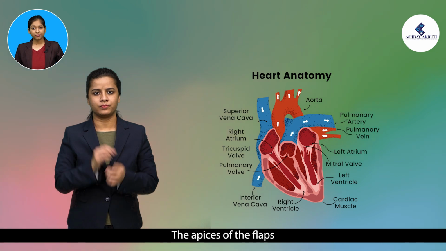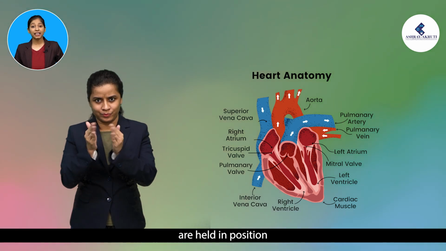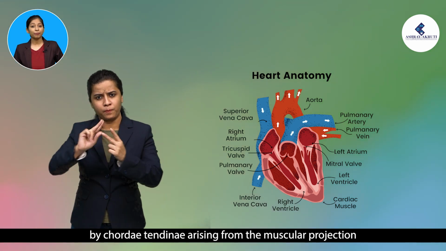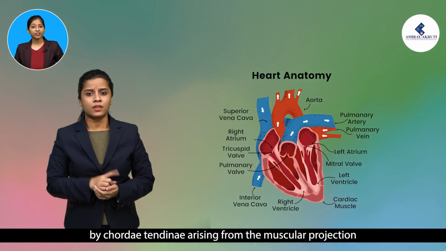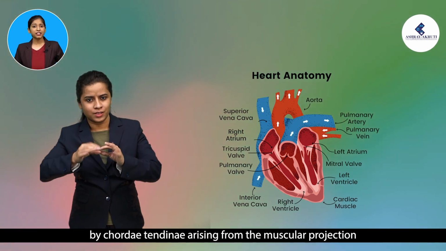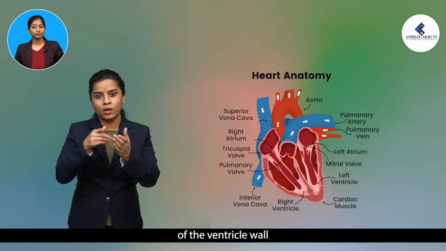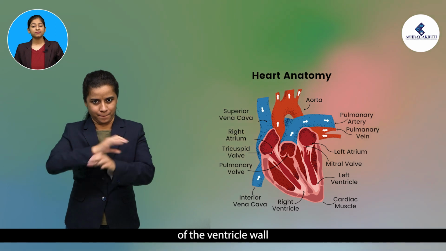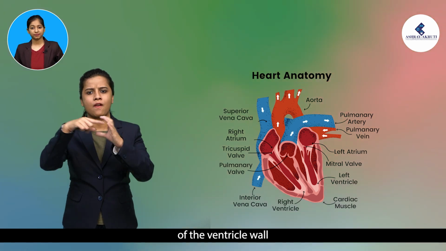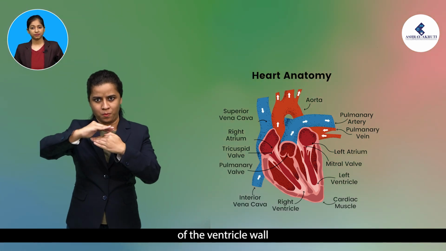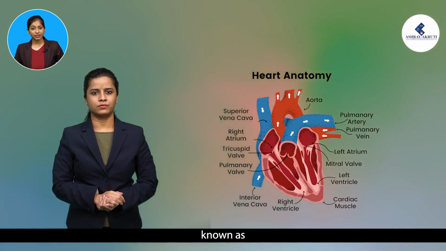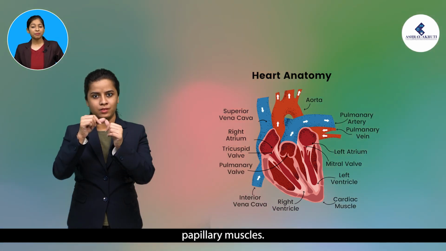The apices of the flaps are held in position by chordae tendineae arising from the muscular projection of the ventricular wall, known as papillary muscles.